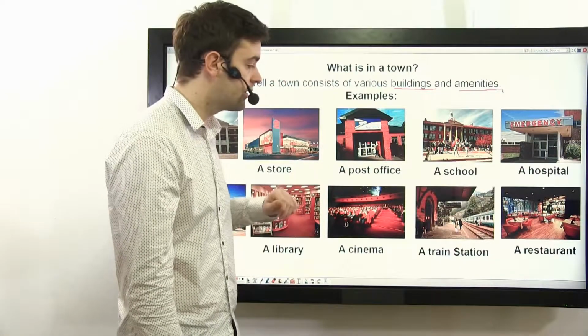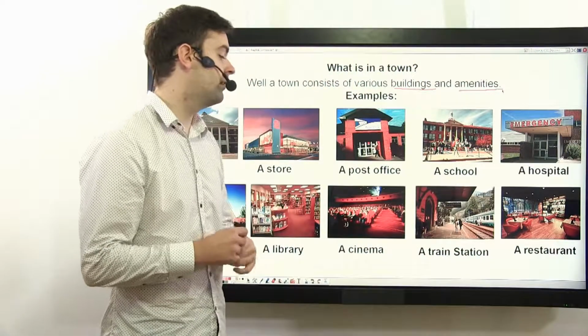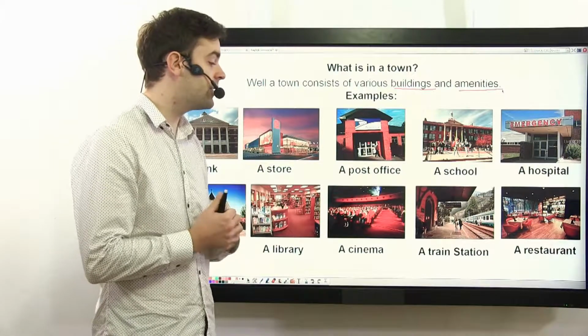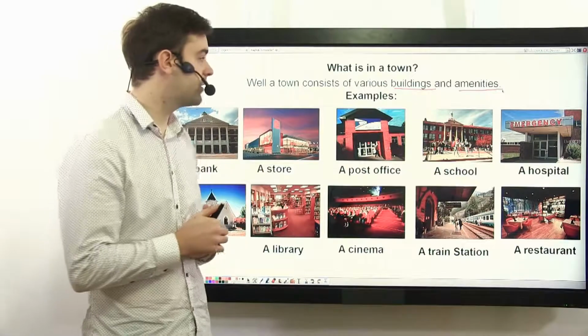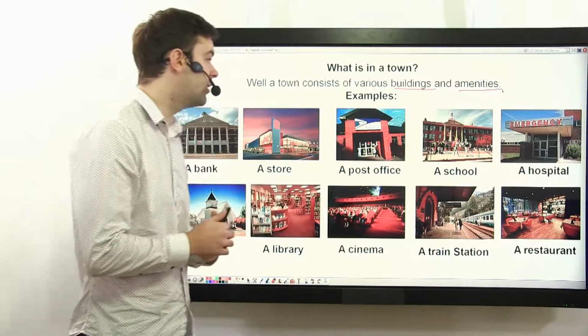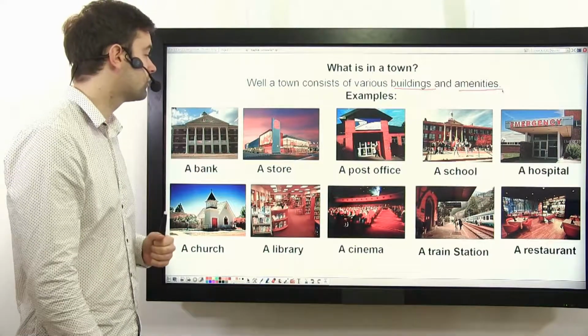T-R-A-I-N-S-T-A-T-I-O-N. Train station. A restaurant. R-E-S-T-A-U-R-A-N-T. Restaurant. So these are all buildings and amenities within a town.